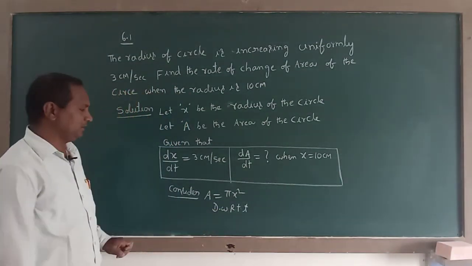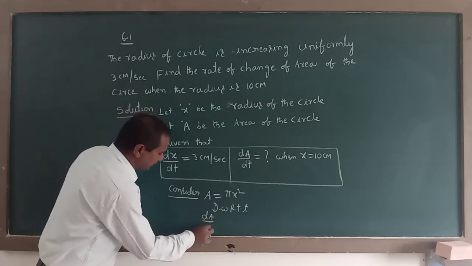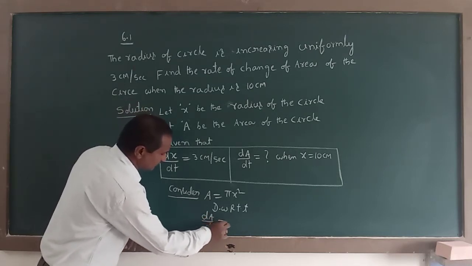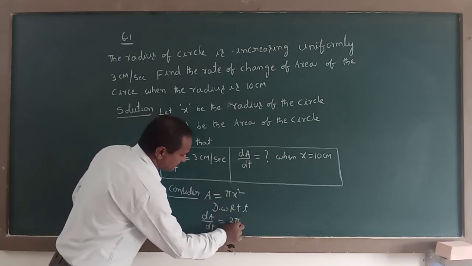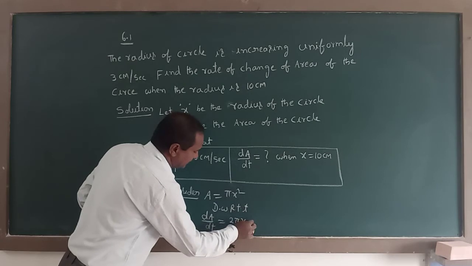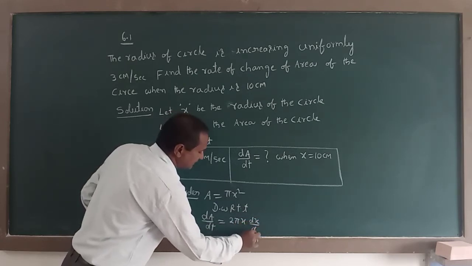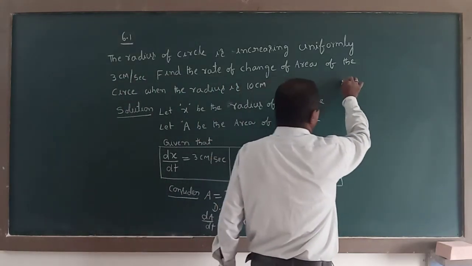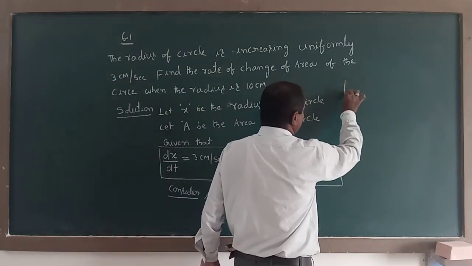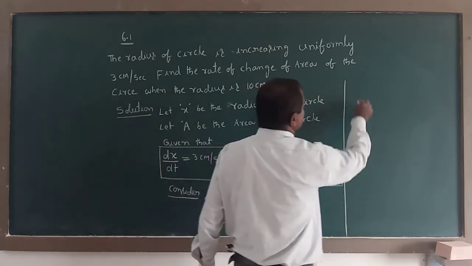Area of circle A is equal to πx square. Differentiation with respect to t, then we can write dA by dt is equal to, and differentiation of πx square is 2πx, and once again x differentiation with respect to t is dx by dt. Now, we are asked the rate of change of area when radius is 10 centimeters.